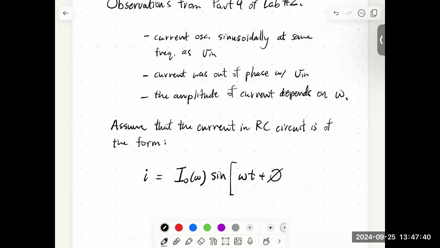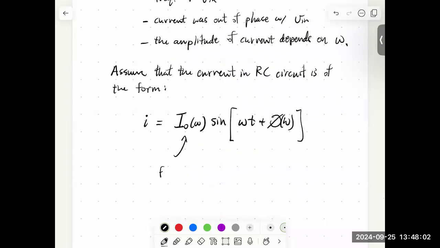If you had the opportunity to change the frequency on your function generator when you were doing part 4 of the last lab, you would have seen that not only does the amplitude change with frequency, but so does that phase shift. So this is a frequency dependent amplitude, and this is a frequency dependent phase.